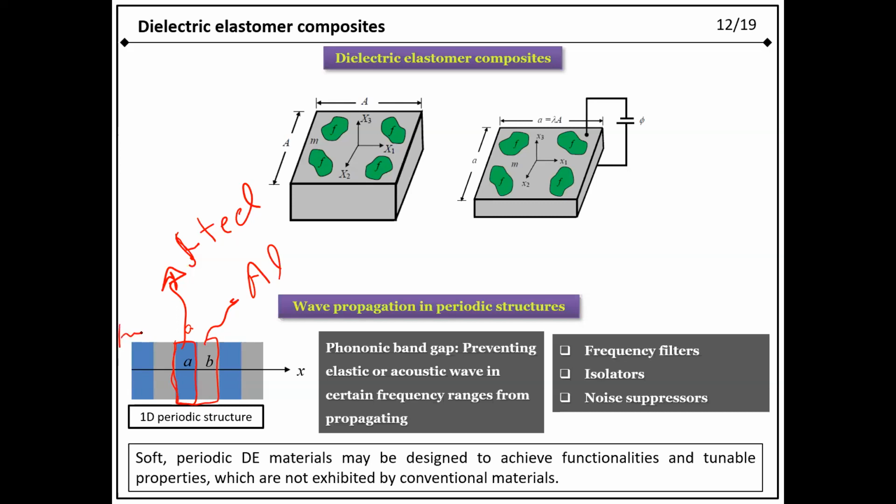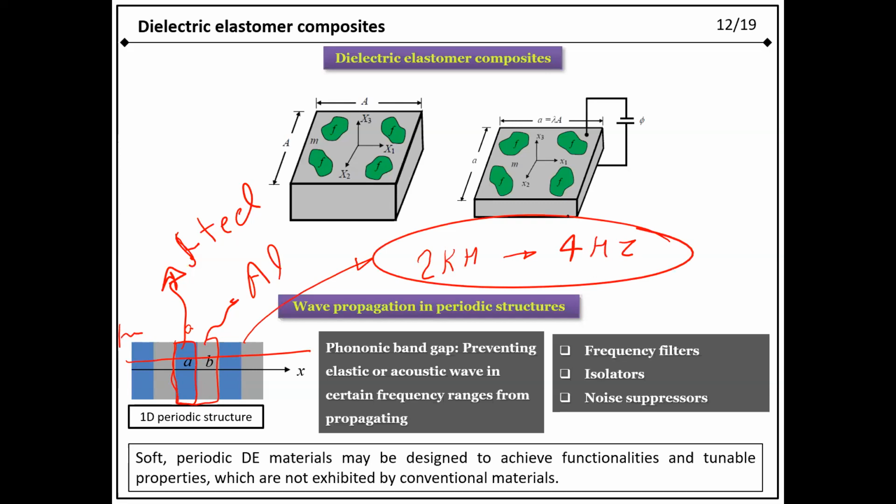There will be a range of frequencies that cannot pass through such periodic structures. For example, let's say waves of 2 kilohertz to 4 kilohertz frequency cannot pass through such structures made up of steel and aluminum.